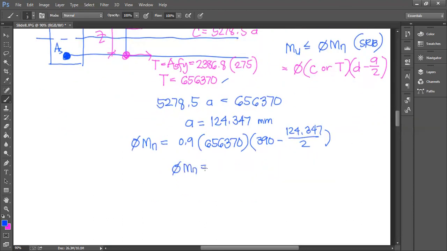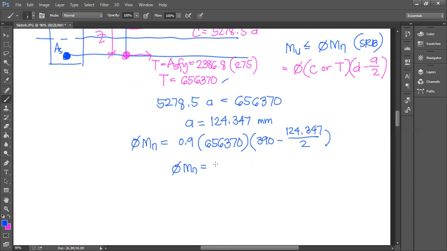Phi Mn now is equal to 0.9 times 656,370 multiplied by 390 minus 124.347 divided by 2.